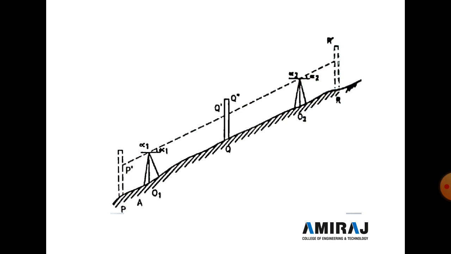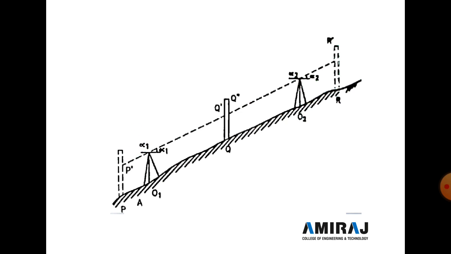Clear? Take a sight to Q dash on the staff held at the turning point Q without changing the vertical angle alpha 1, and measure the slope. Here alpha 1 is not changed; turn the telescope and bisect the other point, rotating the telescope without changing the vertical angle alpha 1.